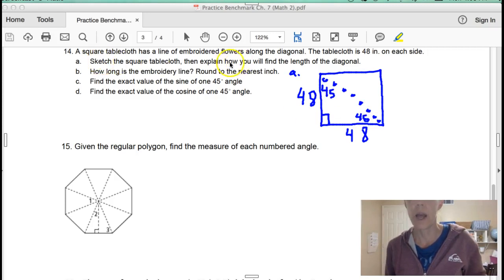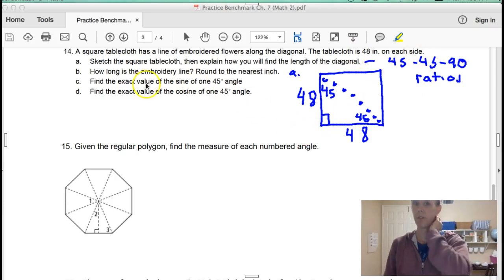So in part A, how will you find the length of the diagonal? Use 45, 45, 90 ratios. It's really hard for me to write on this, but that's what you're going to use. Okay, it's super slow. So that's what you would say for the first part.